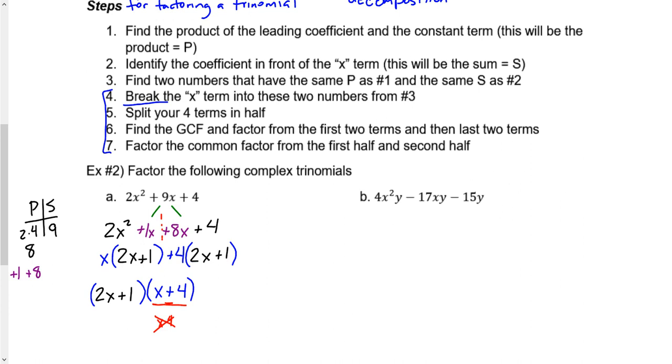And really the last example, 4x squared y minus 17xy minus 15y. Well, before we get to our product and sum, we need to take care of our greatest common factor. We have to factor it out. This one, the y.